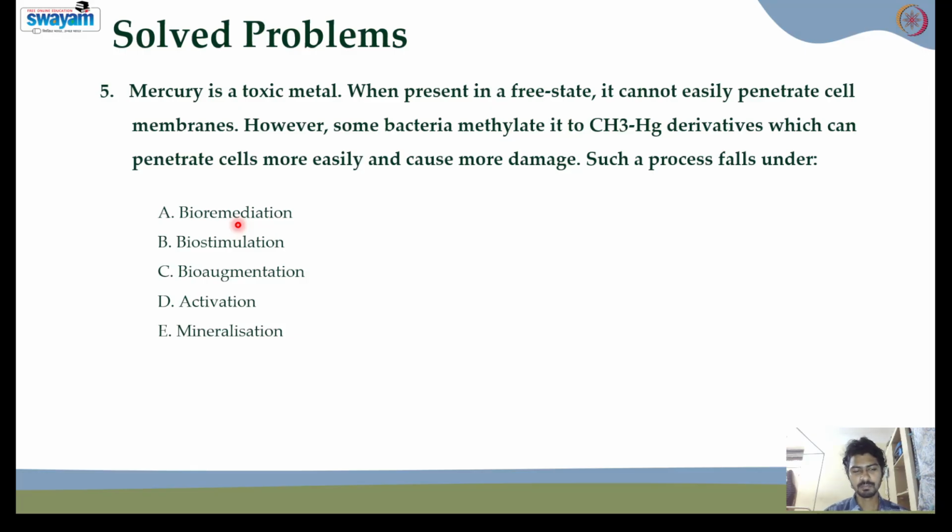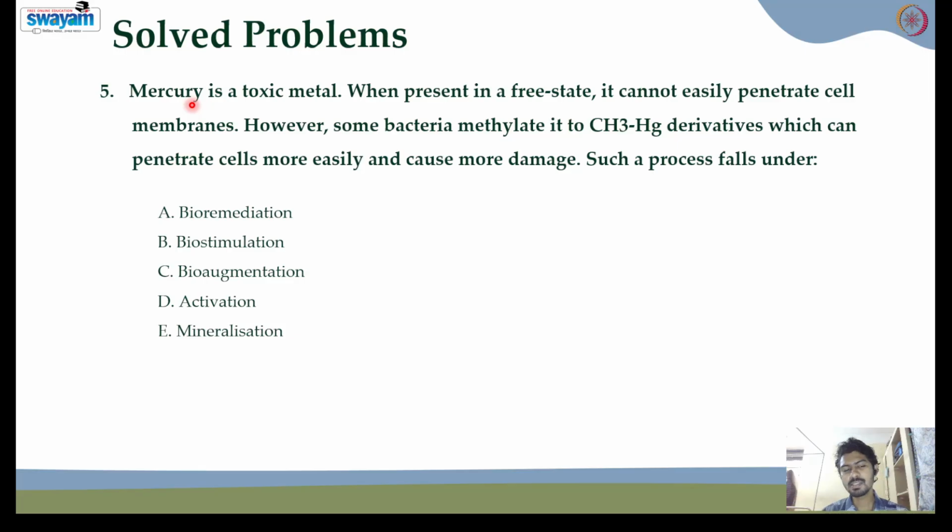I will repeat the question. As we know, mercury is a toxic metal, and we have discussed three types of heavy metals. One is essential, non-toxic. The second category is essential but toxic at higher concentration, and the third is hazardous and toxic. So this comes under the third class of metals, and one such example is mercury.